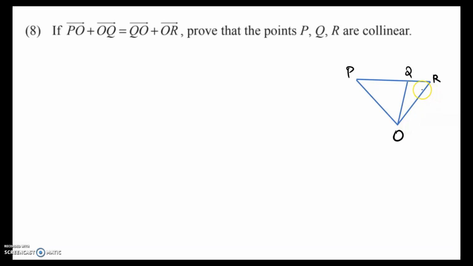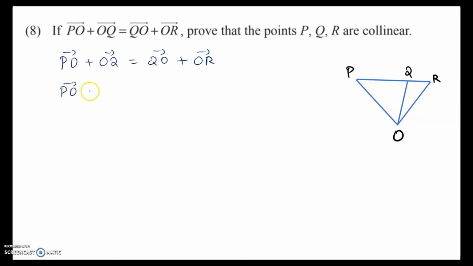Now we need to prove that it's collinear, and what's given to us is that PO vector plus OQ vector is equal to QO vector plus OR vector.